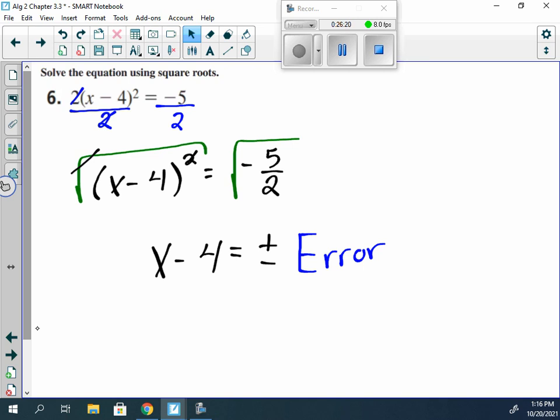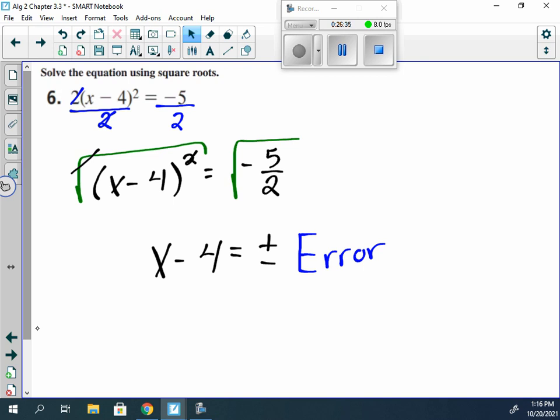Is that what you got? And it's going to give you an error. The graphing calculator, we will eventually be able to utilize it to find this. Did it give you a number? No, I got error.